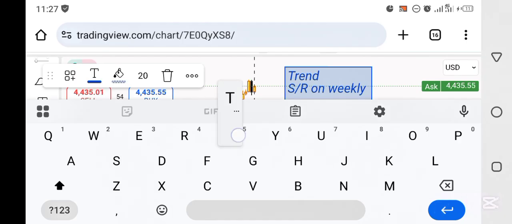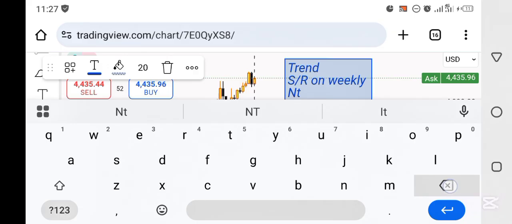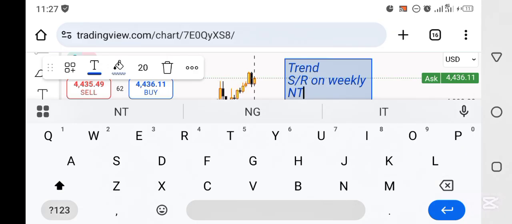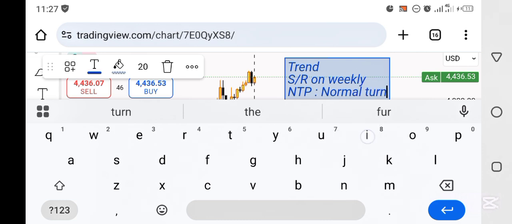Then we look out for NTP. The meaning of NTP: NTP means normal turning point zone in the market.